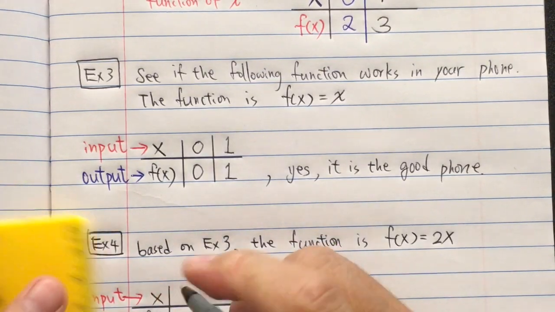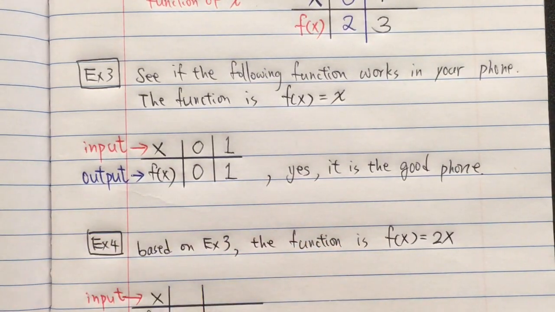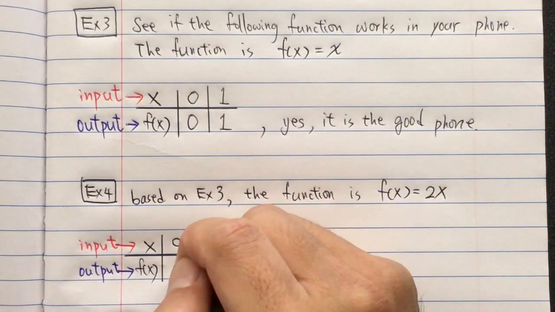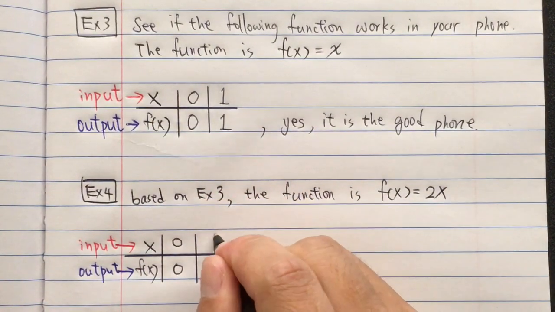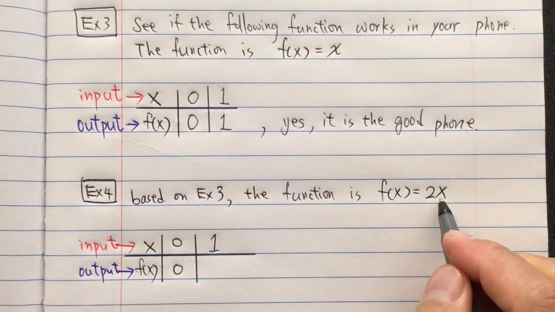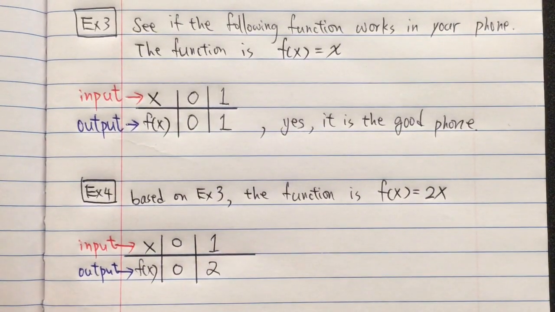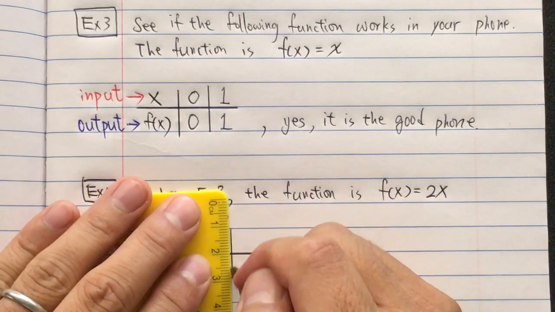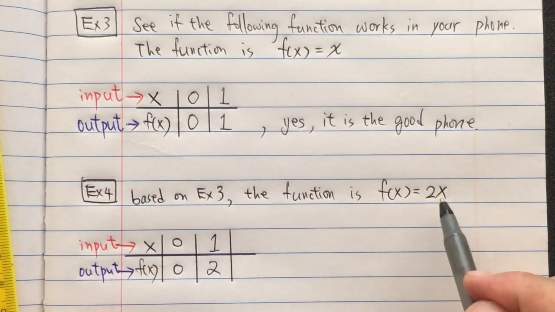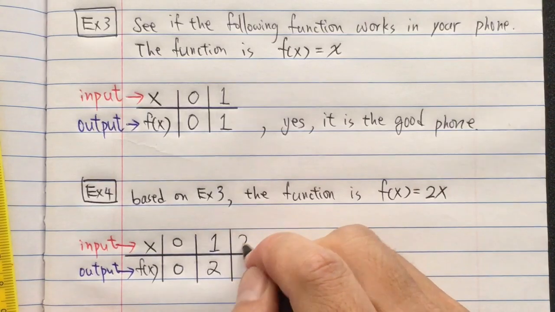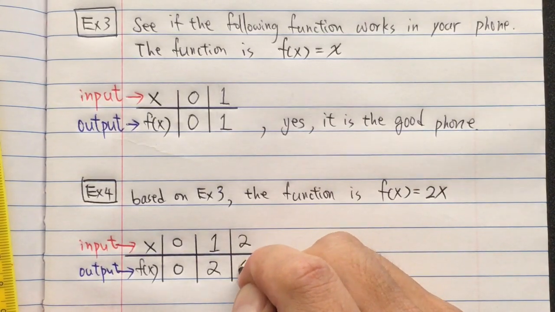Now, when x equals 0, what is f of x? 0 times 2 still equals 0. How about x equals 1? 1 times 2 equals 2, so f of x equals 2. What does it mean? Let's try one more time. When x equals 2, the output is 4.